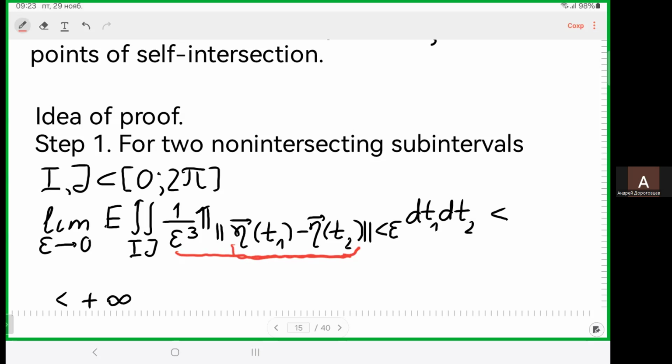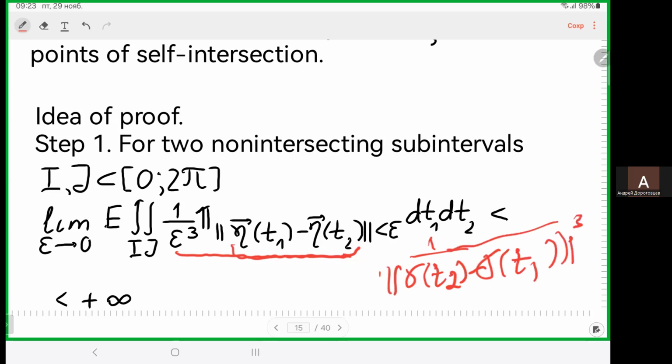And due to our expression for the covariance, this density has a denominator like gamma t2 minus gamma t1, to the power 3.